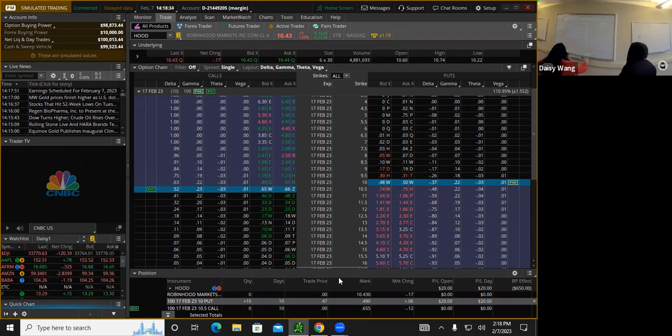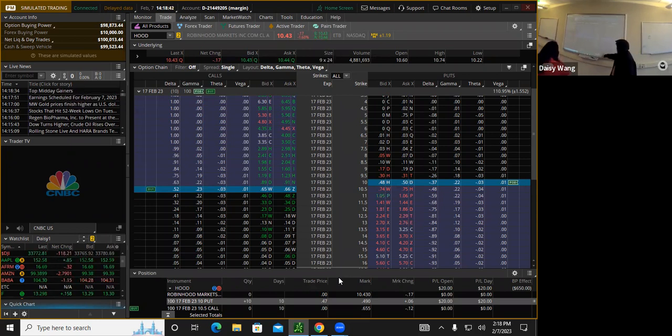Yeah, so this one is filled. This one, we paid, not sure what, so we got filled at 0.49, is that what we got filled at? Yeah, we got filled at 0.47 trade price right here. So we're up $20 on that since we have 10, but this one has not been filled.